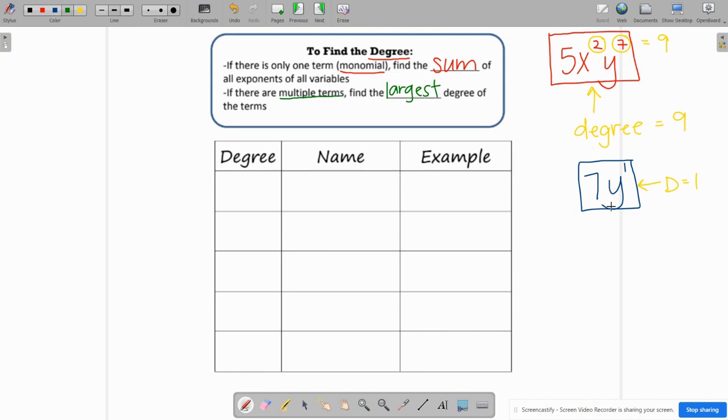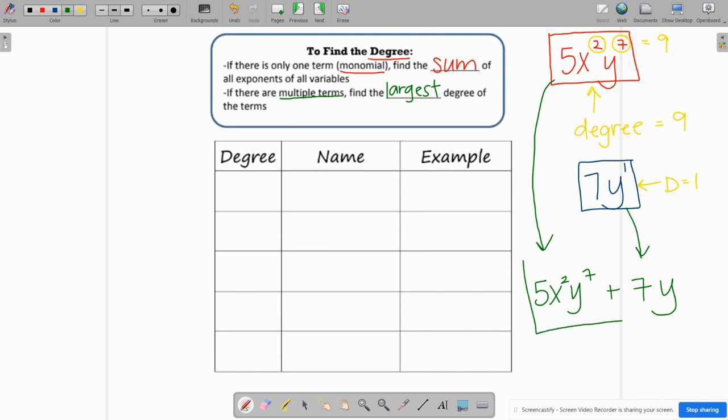So if these two were together and we made a polynomial that was 5x squared y to the 7th plus 7y, right? I took this monomial and put it here, this monomial and put it here. I added them together. So this is a polynomial. Then to say the degree of the entire polynomial, I look at each individual term and I choose the term with the largest degree.